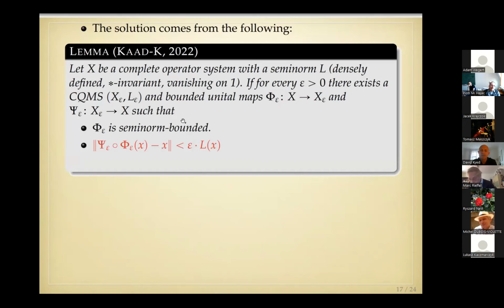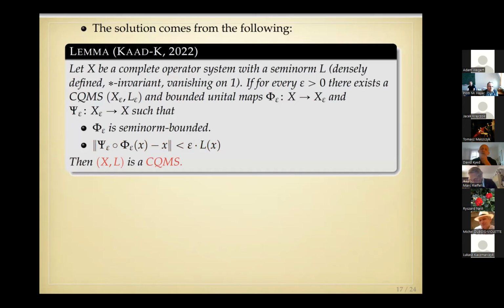If you can do that so that you approximate for every epsilon the identity map on the semi-norm unit ball, then your original space was also a compact quantum metric space.